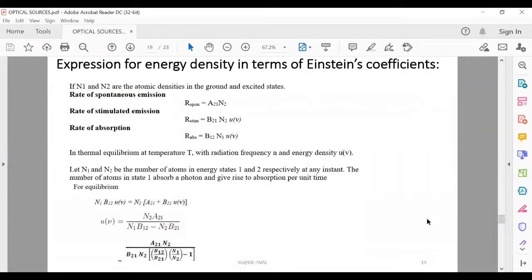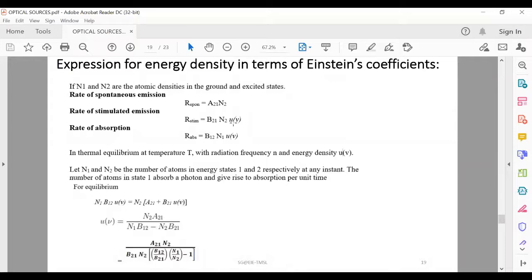Okay, so to calculate the expression for energy density in terms of Einstein's coefficients, we have to consider this: if N1 and N2 are the two atomic densities in the ground state as well as the excited state, then the rate of spontaneous emission can be given as A21 N2, the rate of stimulated emission is B21 N2 U nu, and the rate of absorption is this one.